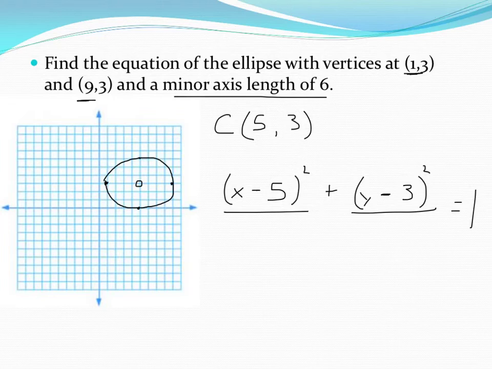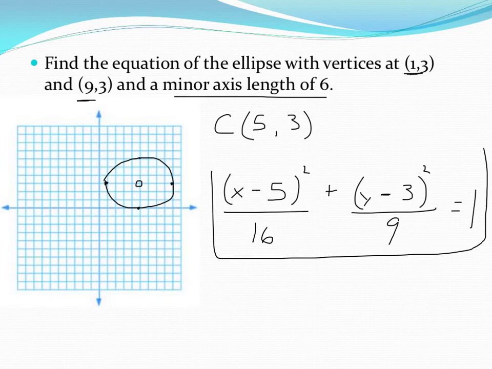So the x radius of 4 units will be squared underneath of (x minus 5) squared, and the y radius of 3 squared is 9, will fall underneath of the (y minus 3) squared. Now we've written the standard form equation of the ellipse with vertices at 1, 3 and 9, 3 with a minor axis length of 6.